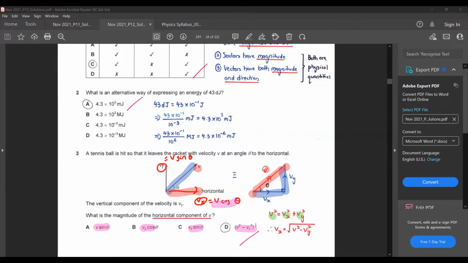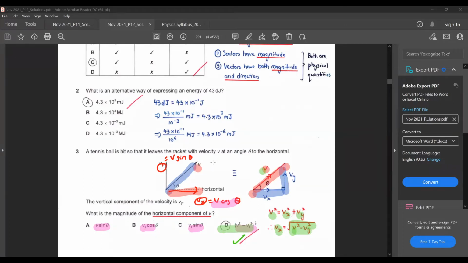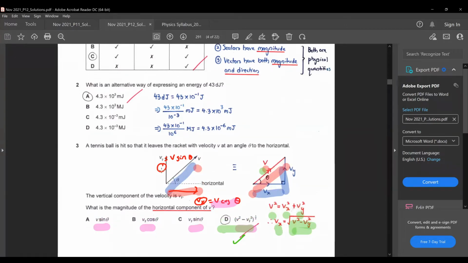The v here is the hypotenuse of your right angle triangle. So if you rearrange this to find vx, you are going to get v square minus vy square, square root the entire thing, which is answer D. Okay, so answer for this is D.